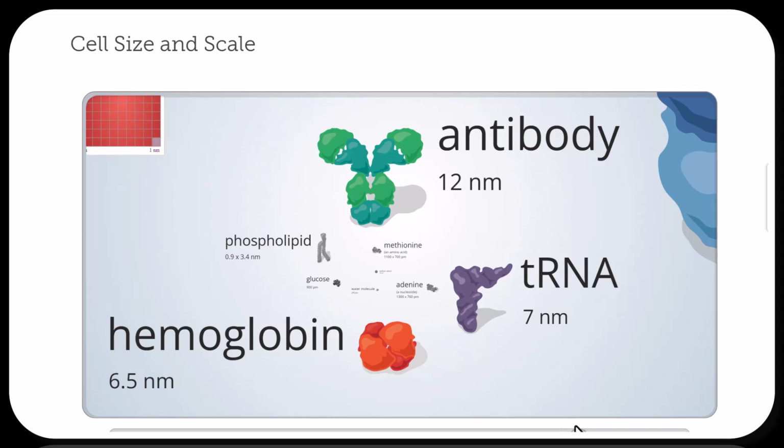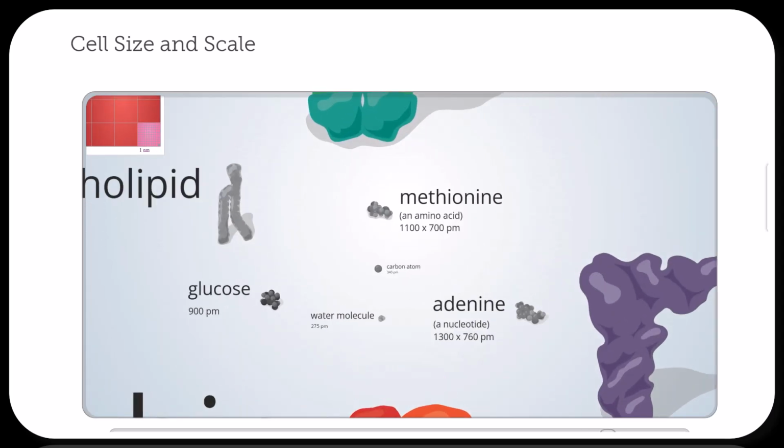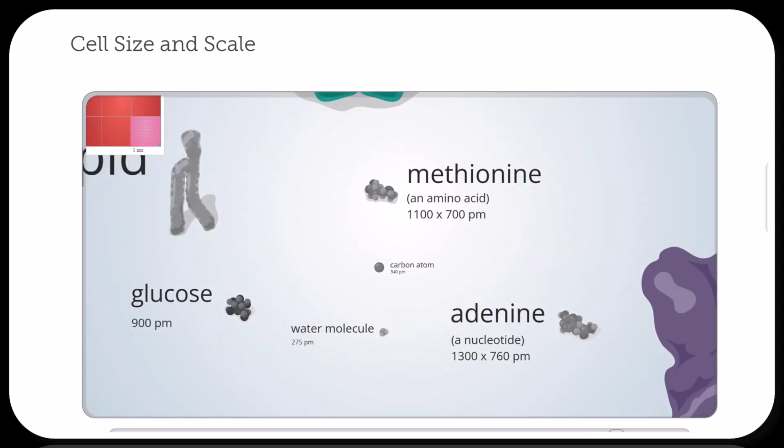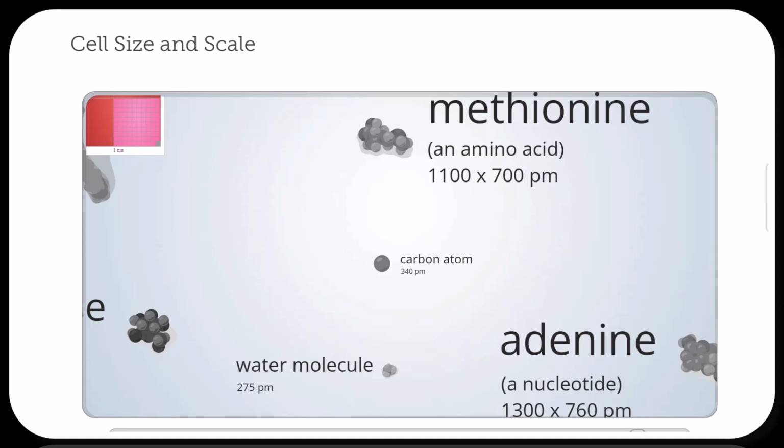Antibodies obviously really important in immune responses. And then beyond these larger molecules, we get into different individual molecules. So we've got adenine, we've got glucose, sugar molecules, methionine, and then we get into the atoms.